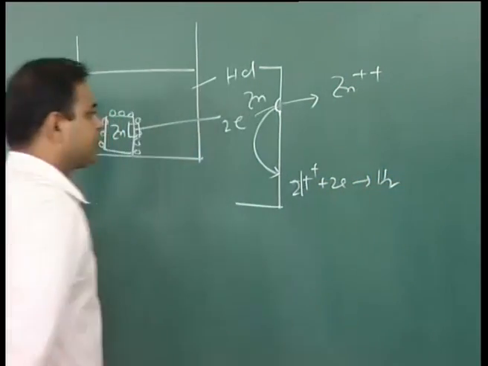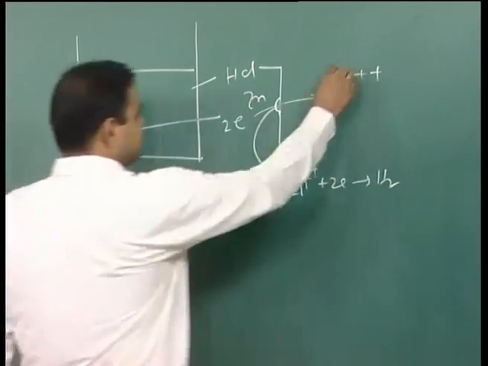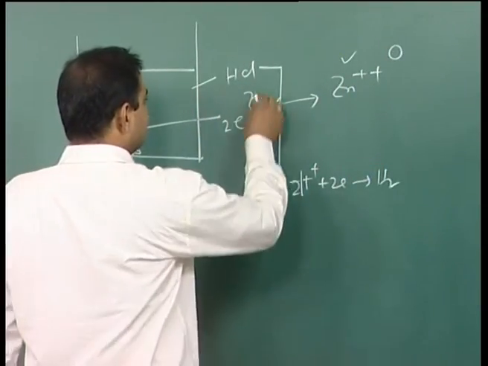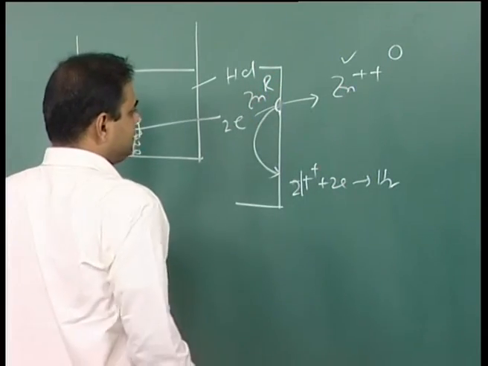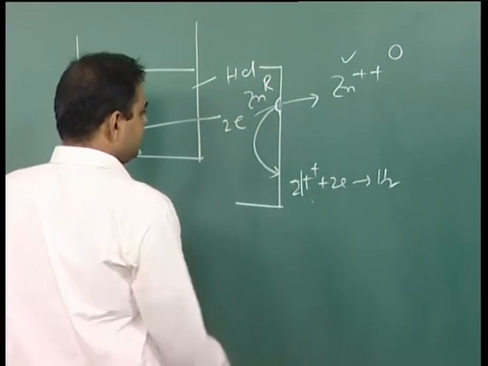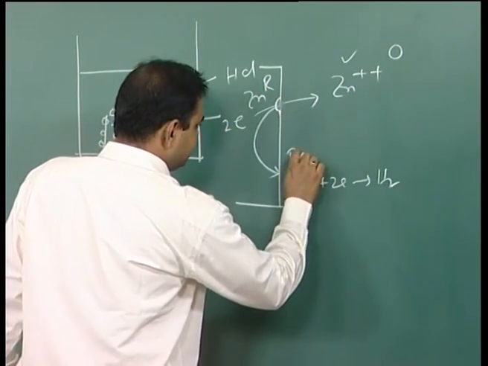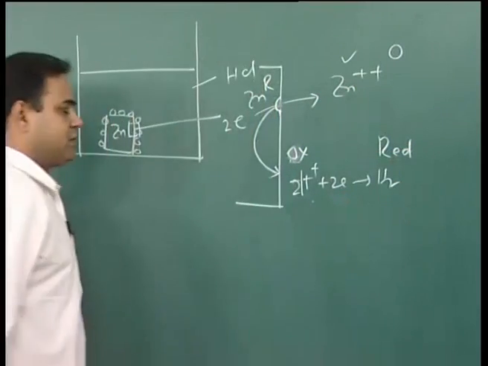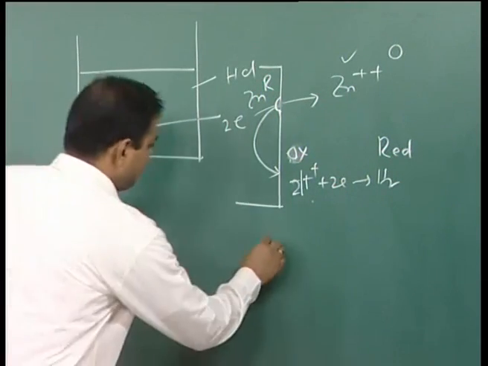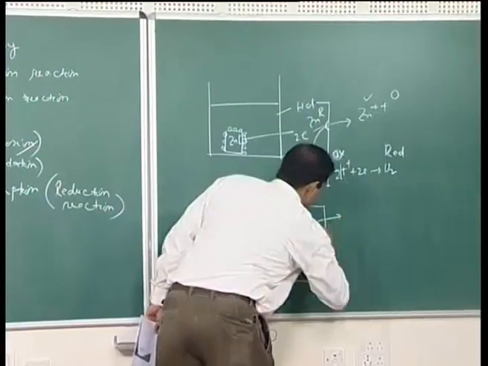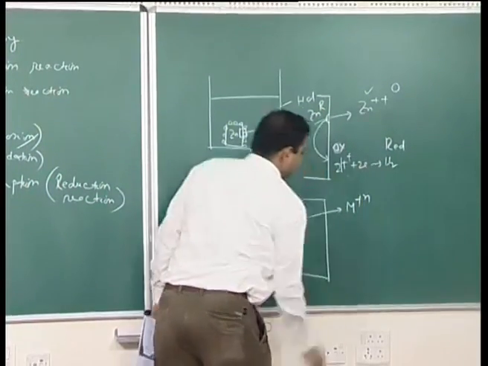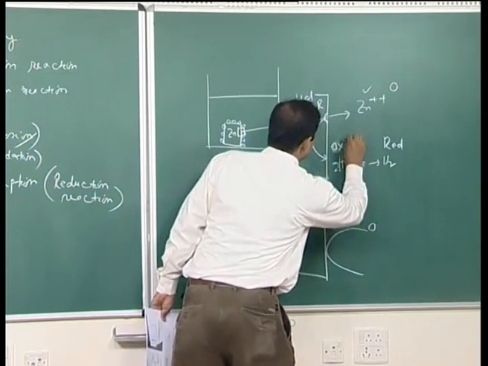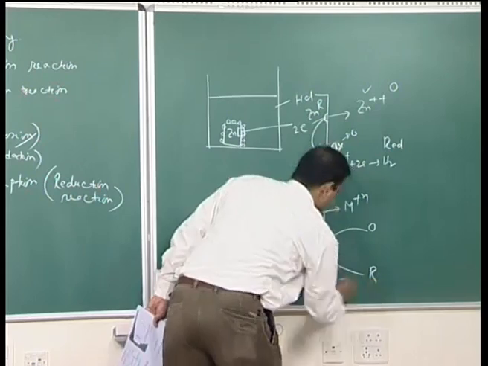going to H2. So you can see this is the oxidant, O, and this is the reductant. You have metal ion formation and one oxidant going to reductant.